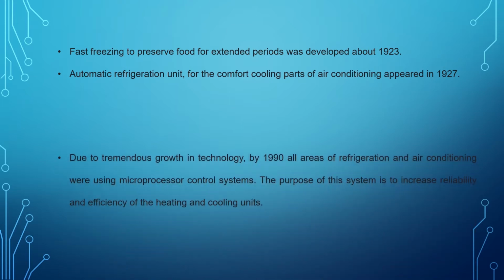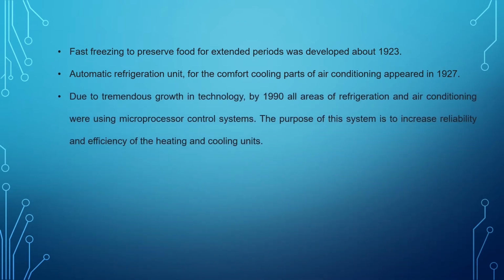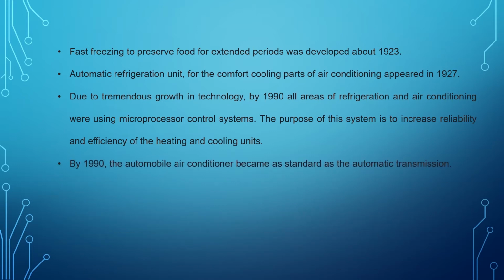Due to tremendous growth in technology, by 1990, all areas of refrigeration and air conditioning were using microprocessor control systems. The purpose of this system is to increase reliability and efficiency of the heating and cooling units. By 1990, the automobile air conditioner became as standard as the automatic transmission.